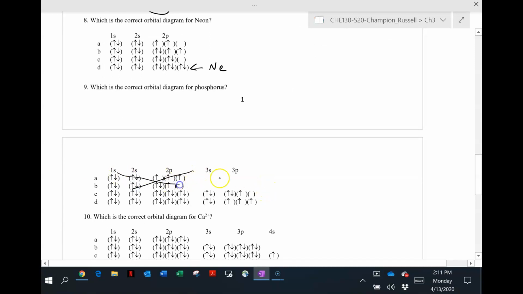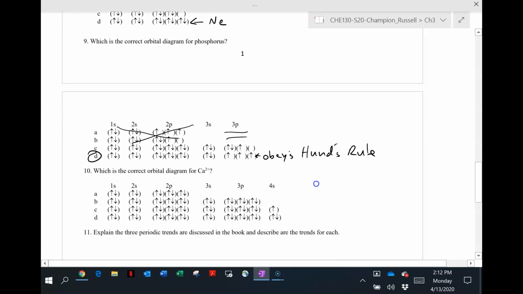So it can't be A or B because it doesn't have any 3p electrons there. Then the question is, is it C or D? They both have 3. This one obeys Hund's rule to not pair those electrons up till it has to. So D is the correct answer. C would be an excited state of phosphorus. D is a ground state of phosphorus.